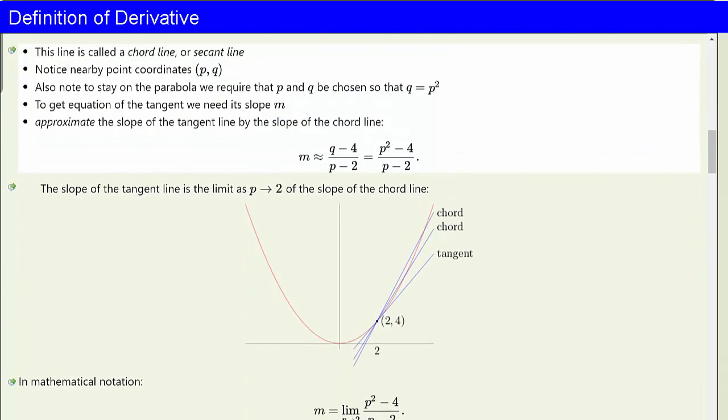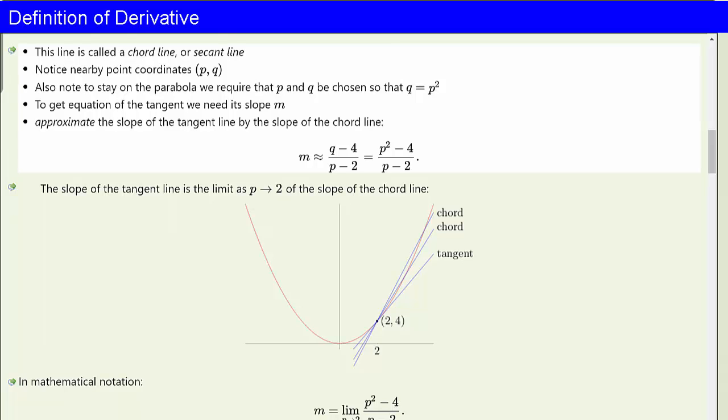This line is called a chord line or a secant line. Notice that we gave the nearby point coordinates with symbols, P and Q, so we can move the nearby point when we wish. And notice also that to stay on the parabola, we required that P and Q be chosen so that Q is P squared.